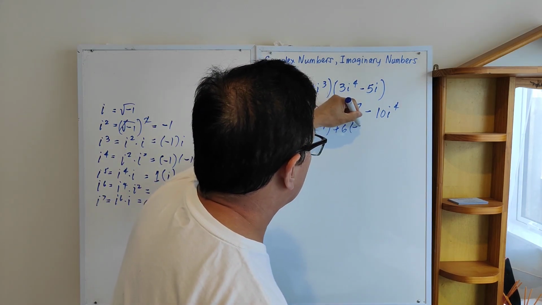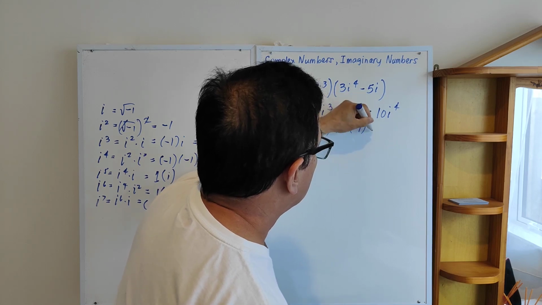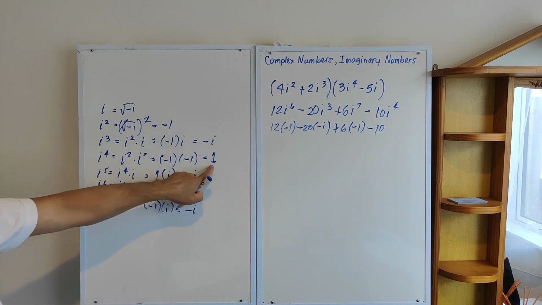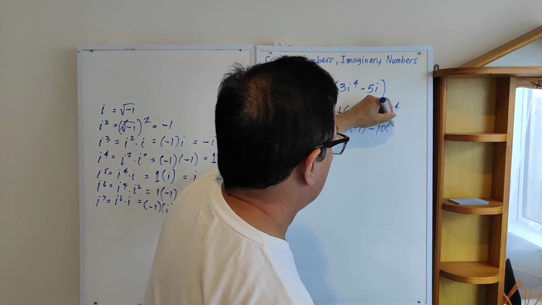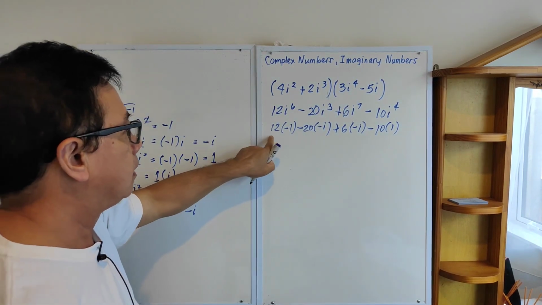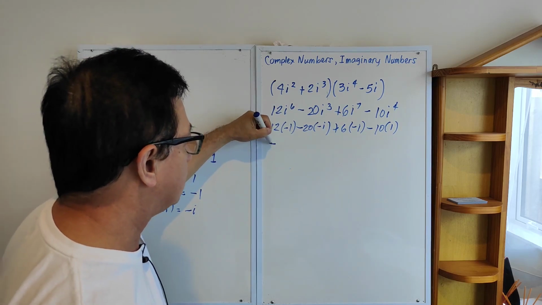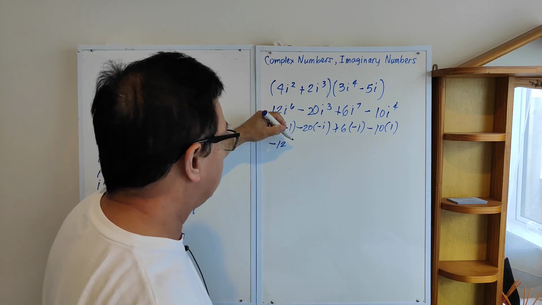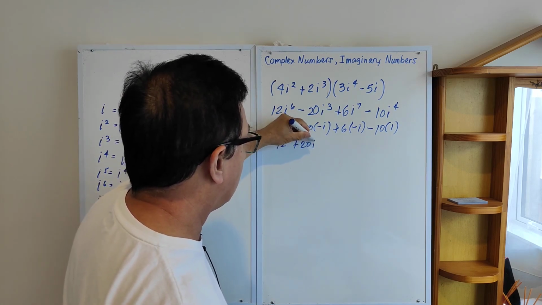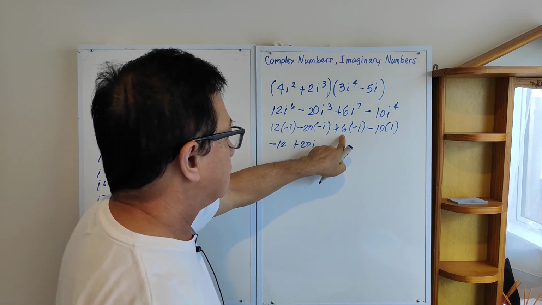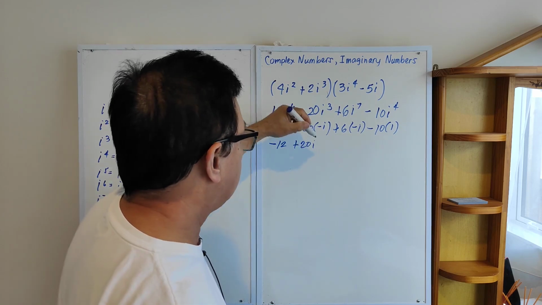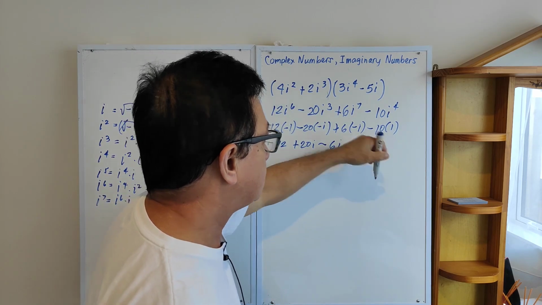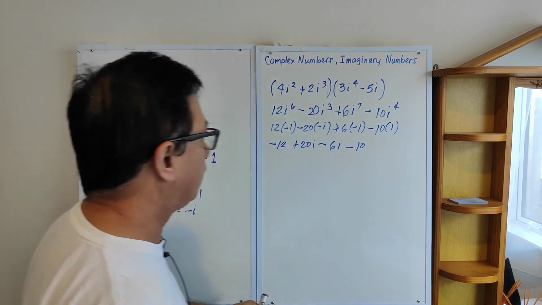So negative i, minus 10i to the 4th, where i to the 4th is equal to 1. So negative 12 times negative 1 is negative 12. Negative 20 times negative i will be positive 20i. 6 times negative i will be negative 6i. Negative 10 times 1 is negative 10.